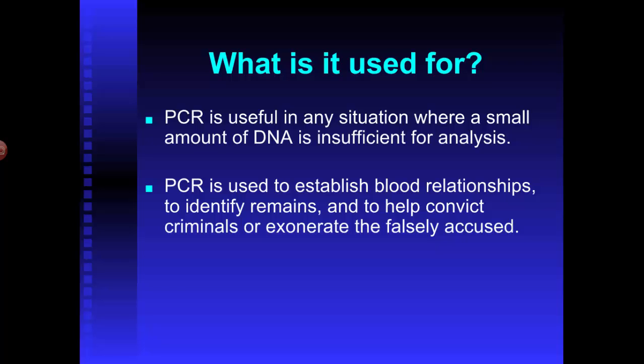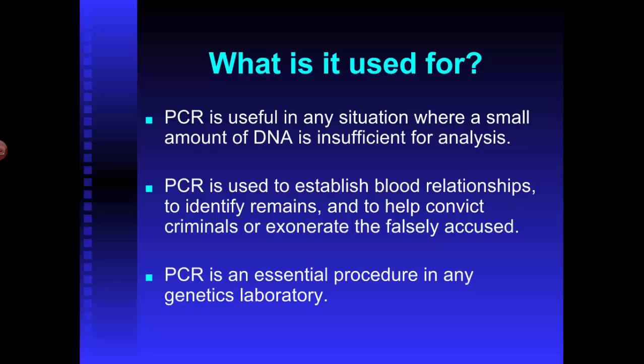So we can use it for paternity testing, for example, to establish blood relationships, to identify remains, to help convict criminals or exonerate the falsely accused. It's an essential procedure. You almost can't do any other genetic test without first running a PCR experiment to increase the amount of DNA that you want to test.